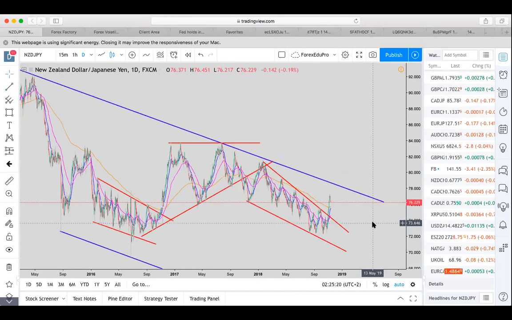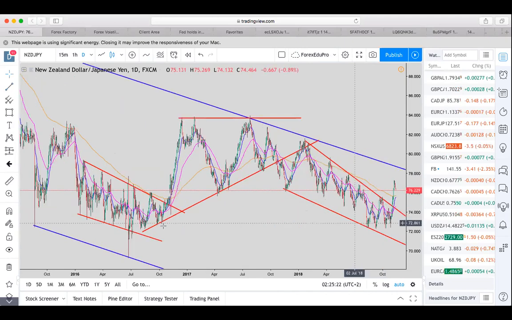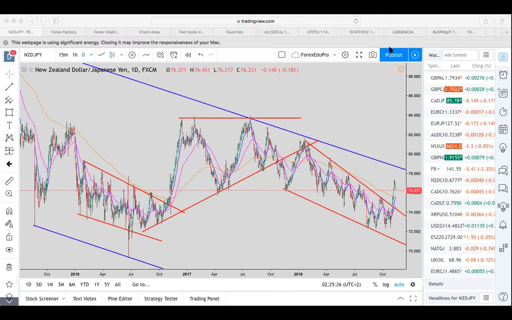Perfect. That's all I need at this point. Brilliant. Break, sell, buy. Break, sell.